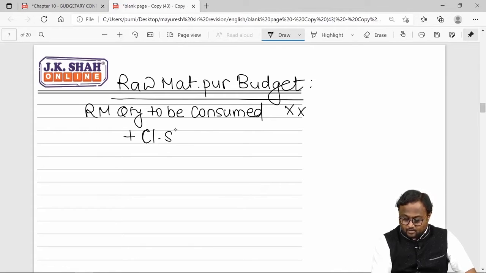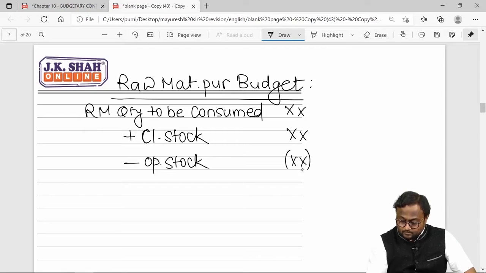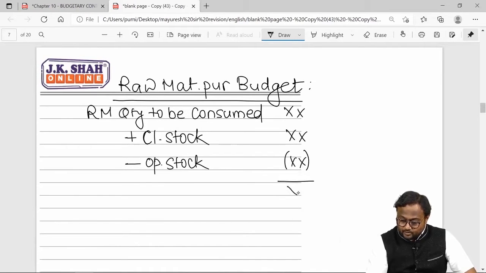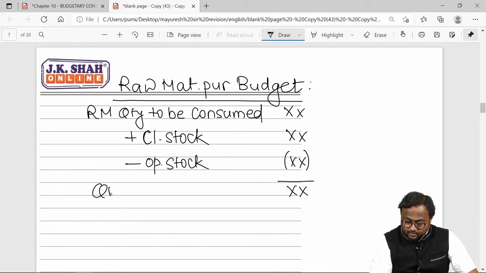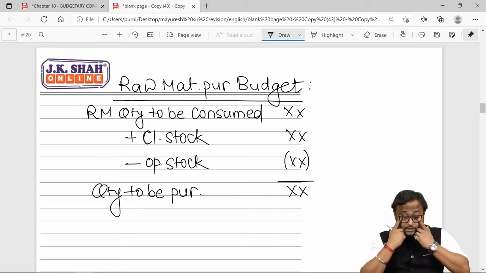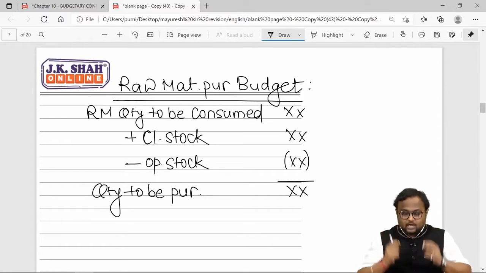Add closing stock of raw material, subtract opening stock of raw material. I will be getting quantity to be purchased.